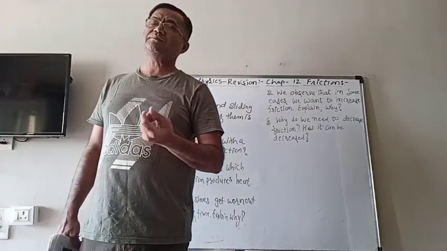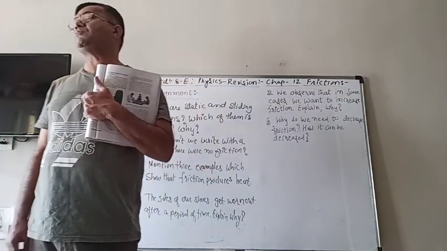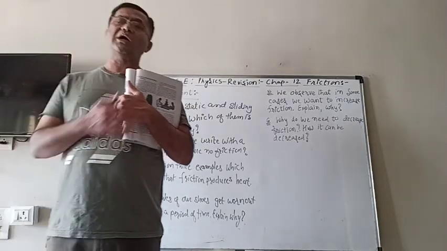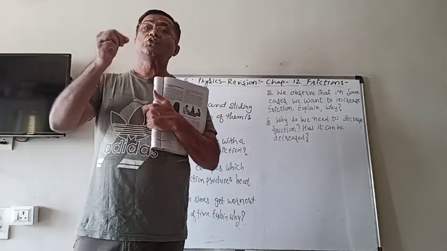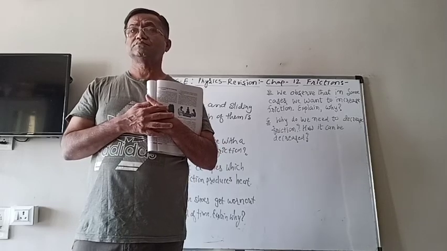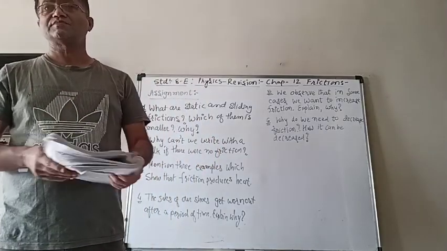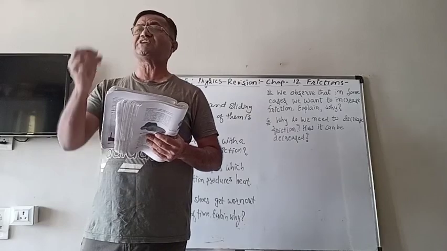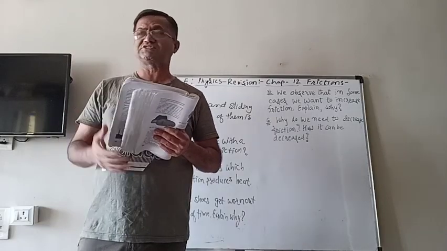Similarly, in the moving parts of machines or in ball bearings, we need to oil them. That means we have to use lubricants. Lubricants are substances which are used to reduce friction.